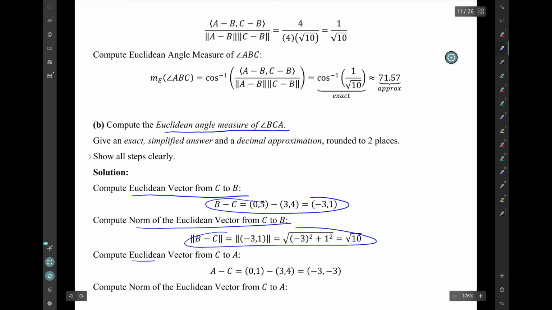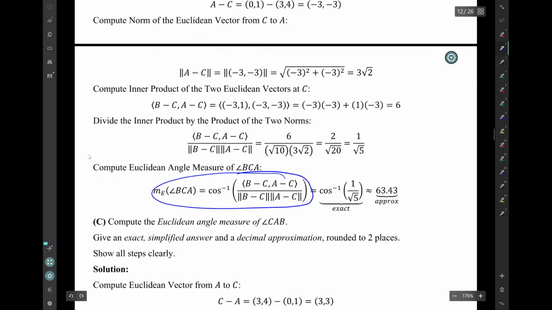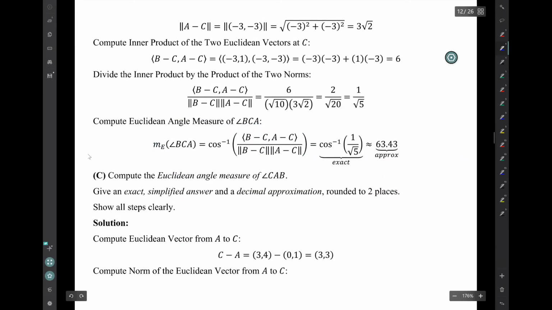I find this Euclidean vector, and I find its norm, and so forth. In the end, I end up with this exact simplified answer, cos inverse of 1 over square root of 5. And then at the end, I typed that into a calculator. Actually, I used Wolfram Alpha, and I got this as the decimal approximation.